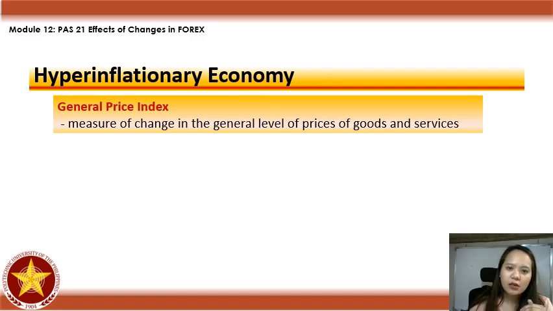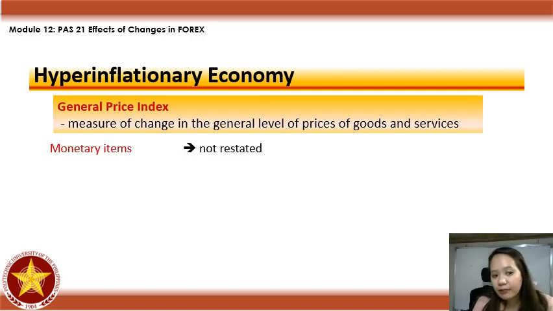It means na yung isang good na nabibili mo dati na worth 100 pesos, this year, 120 na siya. So, a 20% inflation rate is a 20% increase in the general level of prices. So, parang ganun siya.